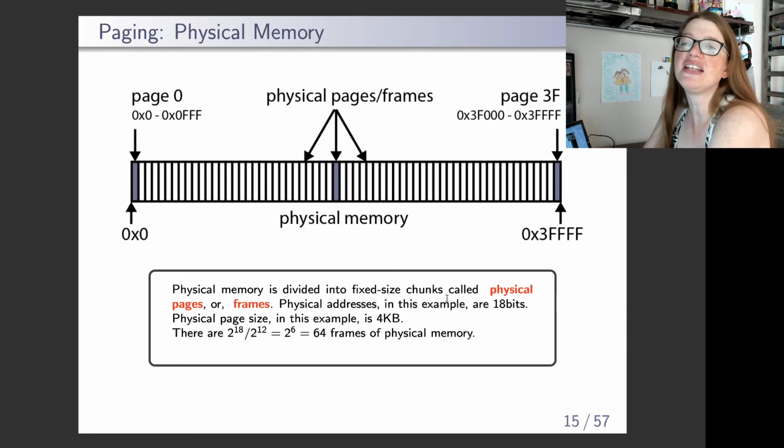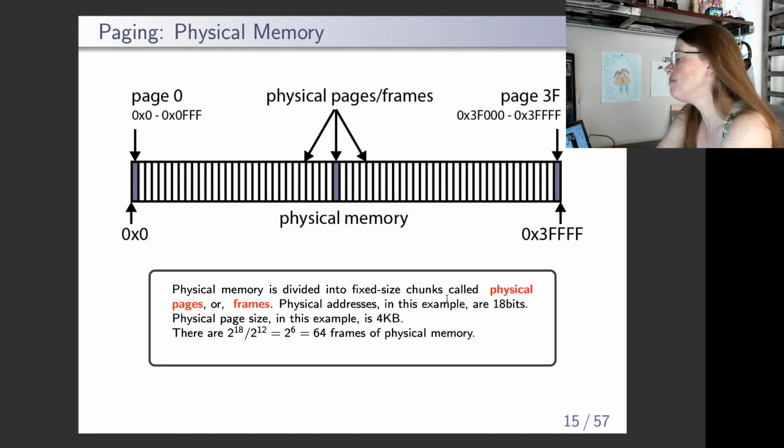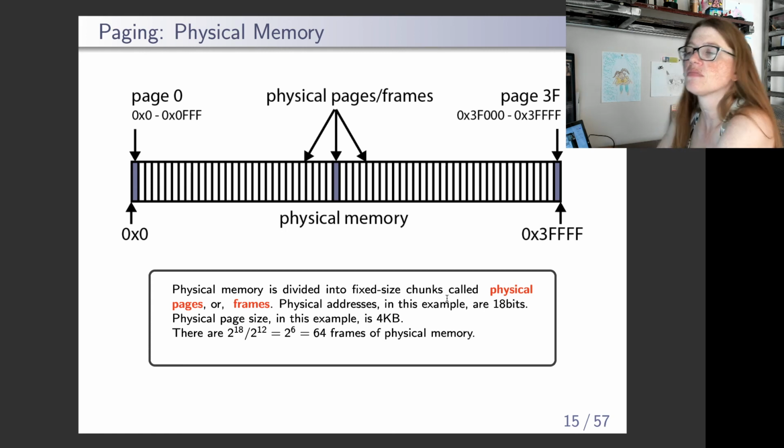So what if I did this? Let's take my physical memory and let's subdivide it into a bunch of equally sized chunks we're going to call physical pages or frames. And let's, for the sake of argument, say that each of these frames is 4 kilobytes. And let's suppose that I only permit allocations that are multiples of the frames.